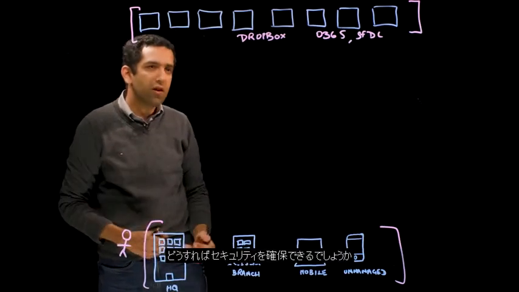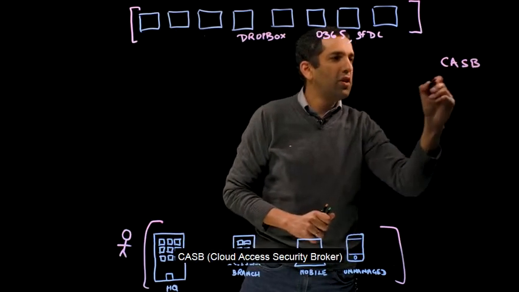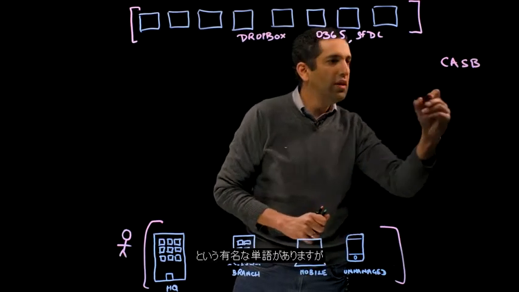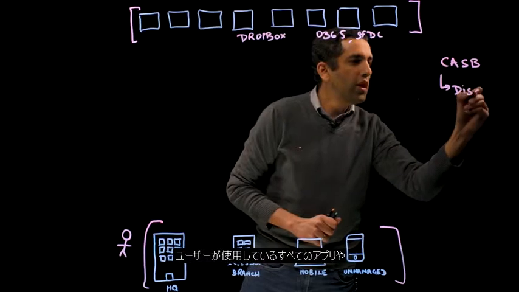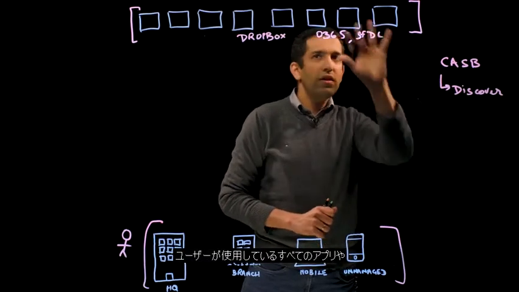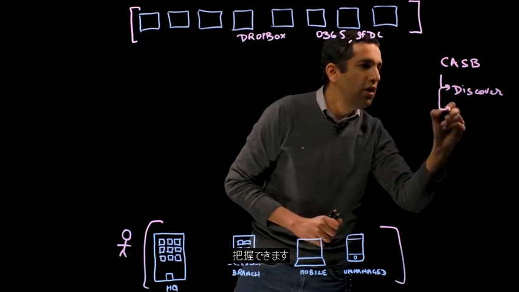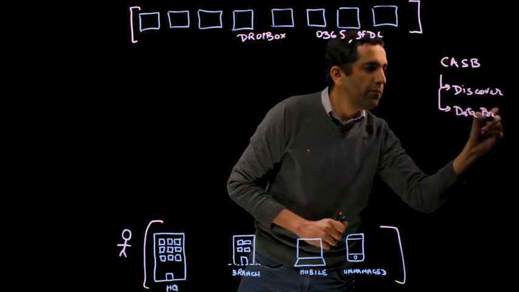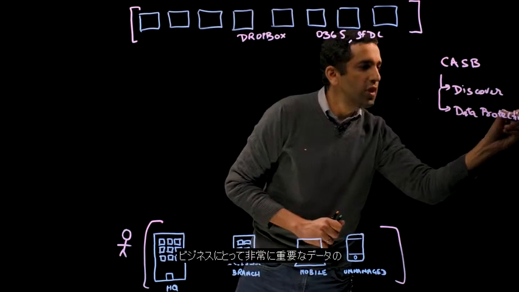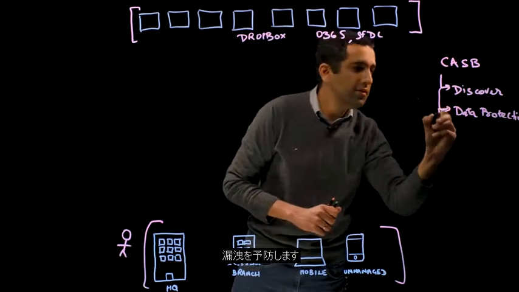Now, how do we actually secure this? There's a very popular term known as CASB, or Cloud Access Security Broker, that provides a few functions. You want to be able to discover all the apps that your users are using, as well as the data that's stored over there. You also want to be able to provide data protection. This is to ensure that there's no data leaks happening that are very critical to your business.